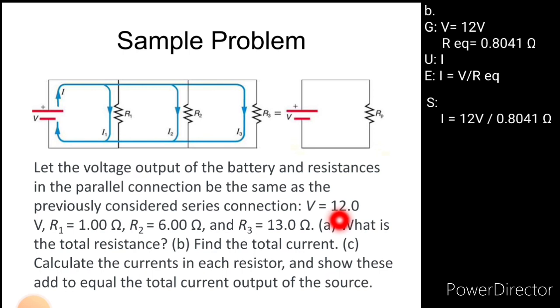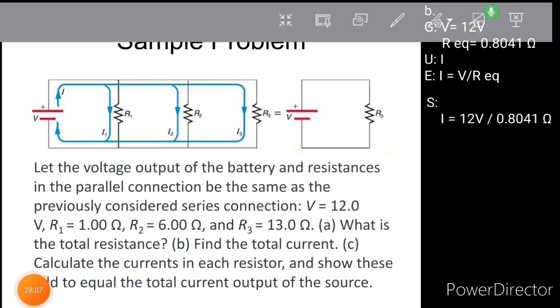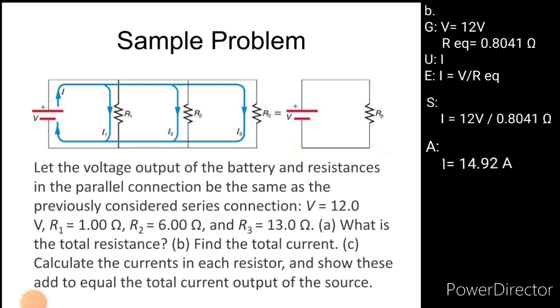Yung ating R equivalent naman is na-solve na natin, that is 0.8041 ohm. Okay, we just have to input that sa ating formula. So we have I is equal to 12 volts divided by 0.8041 ohm, and that will give us 14.92 amperes. Okay, yung ating total current.